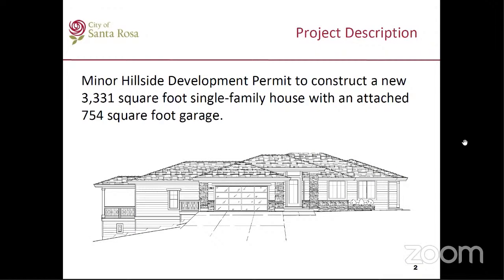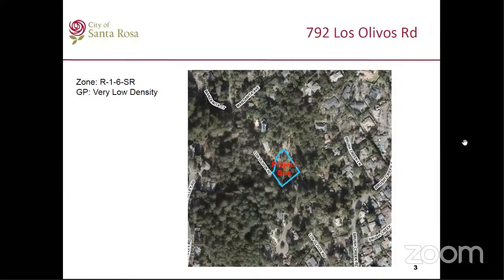This is a minor hillside development permit to construct a new 3,331 square foot single family house with an attached 754 square foot garage. This is the elevation of the garage entrance. And here is where the site is located.